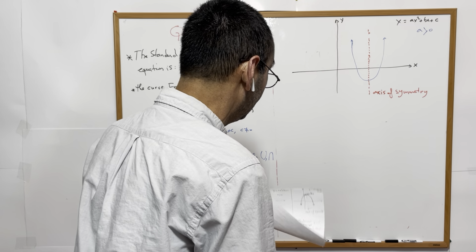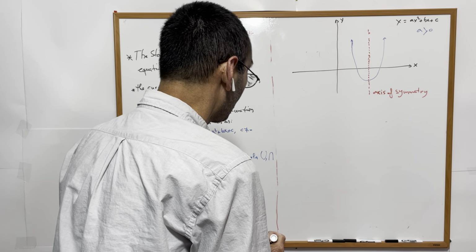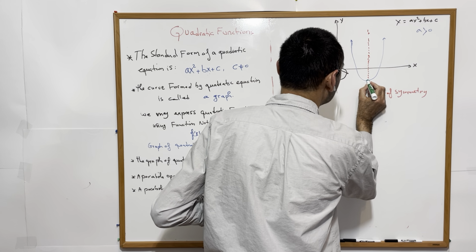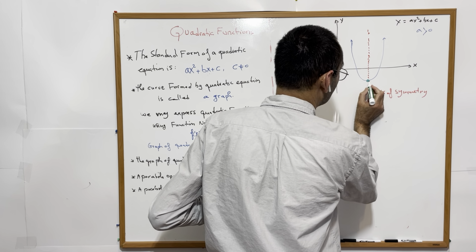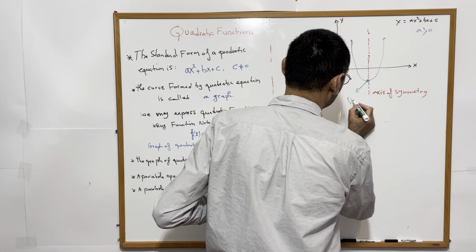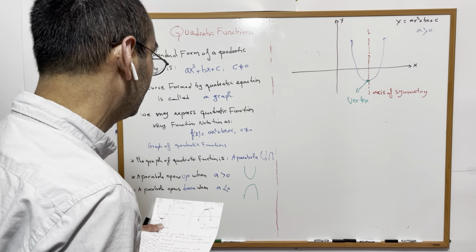And again, this is a point. This point is called the vertex.